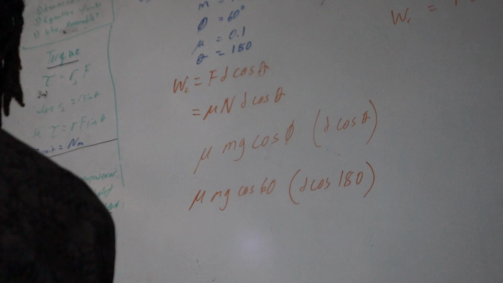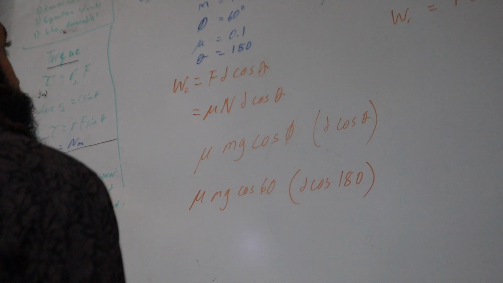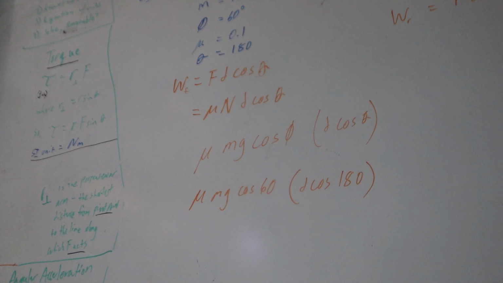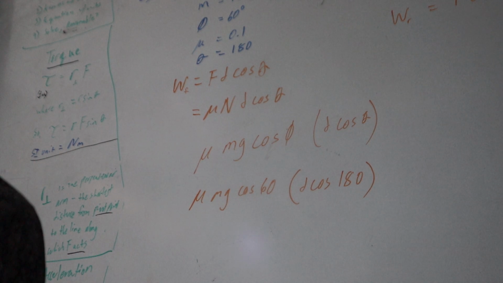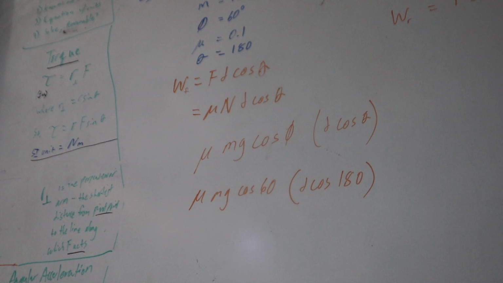So the way we solve for tension, so tension plus the force of friction is mg sine of phi. That's the work done by friction, and then you have your tension.